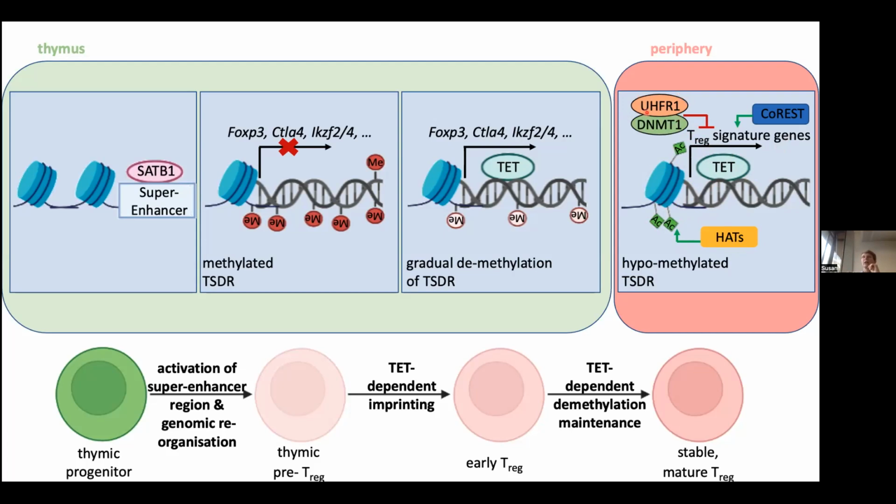UHRF1 together with DNMT1. That's an interesting one because per se, this is a methylase. And on Treg signature genes, well, you don't want them to be methylated again. They have just been demethylated and you need them to be demethylated for stability. So the action of DNMT1 on the Treg loci is detrimental for Treg stability.